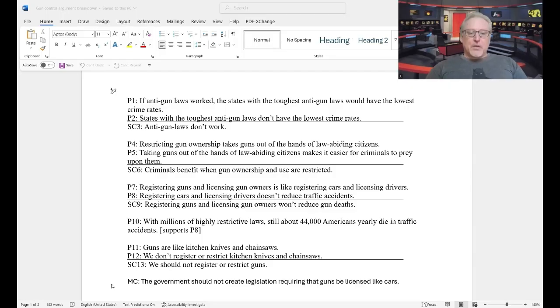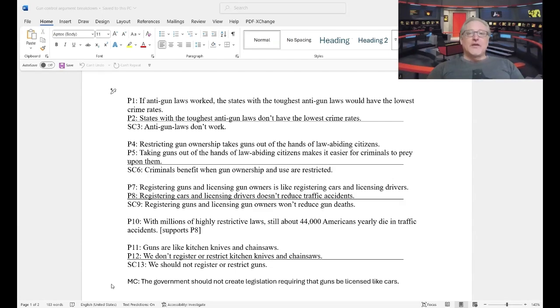If we read legislation requiring that guns be licensed like cars as meaning the same thing as anti-gun laws, then I think the conclusion does follow because it's saying that these laws don't work. So why would we institute them?